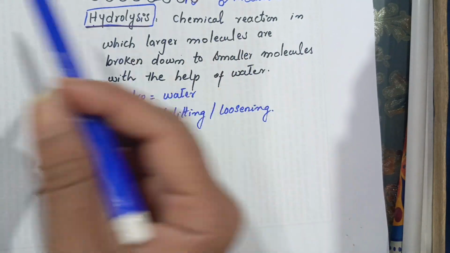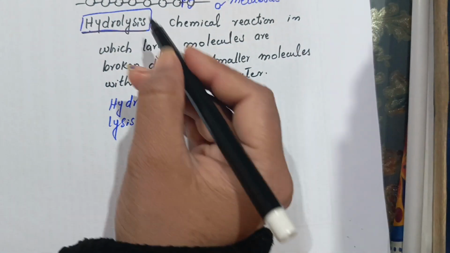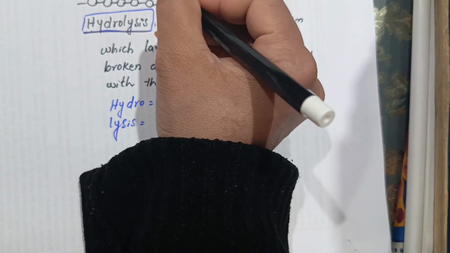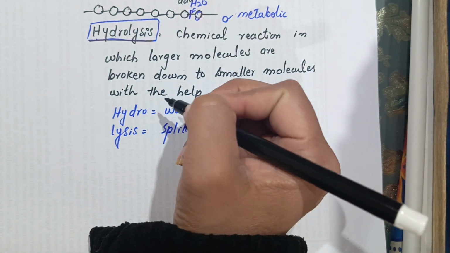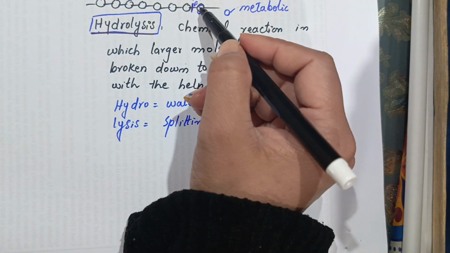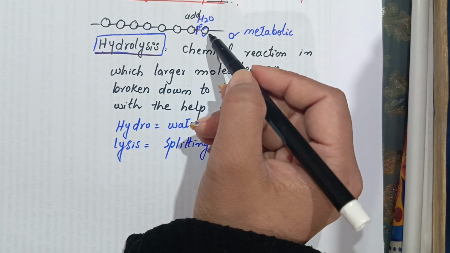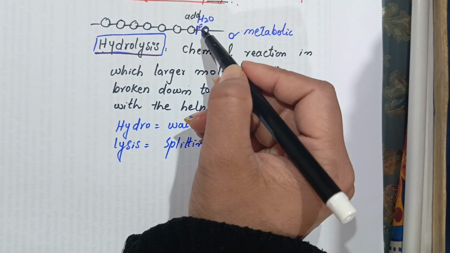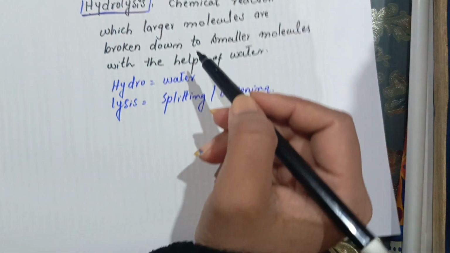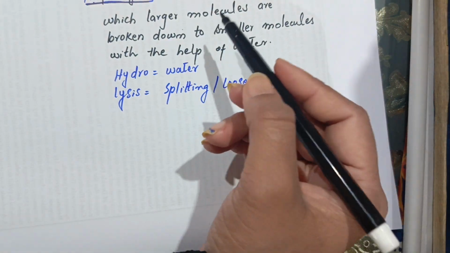So in hydrolysis, whenever a larger molecule is broken down, we have to add water. Water will break the bond between these monomers, and we will obtain the monomer, and it can be utilized for various purposes in the living body.